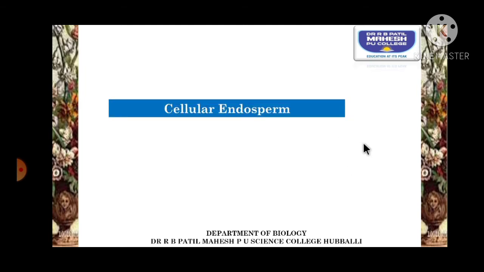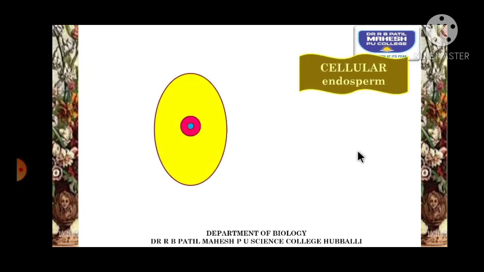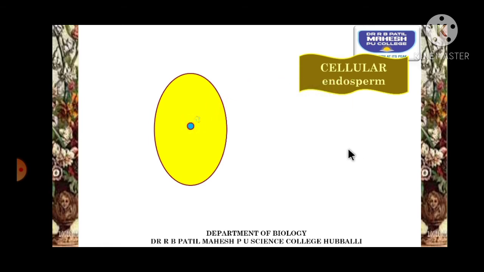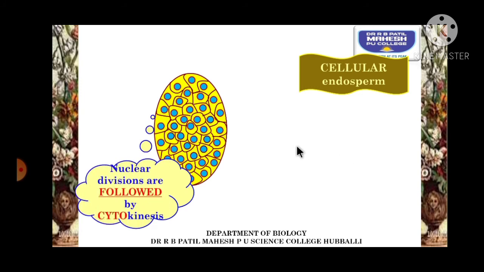Now coming to cellular endosperm and Helobial endosperm. Coming to the cellular, the primary endosperm nucleus will divide. But did you observe, each division of the nuclei got surrounded by the cell wall. Soon after the formation of the new nuclei, each nucleus will get surrounded by what?